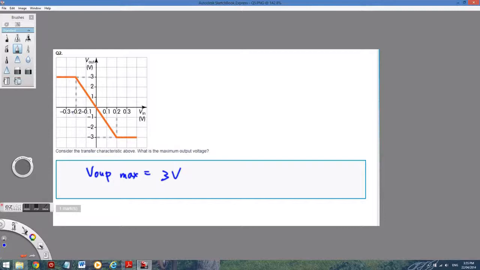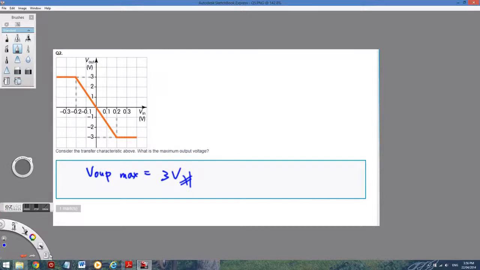So if the input is minus 0.2 volt, the output is going to be 3 volts. If the input is something like minus 100 volts, the output is still going to be 3 volts.